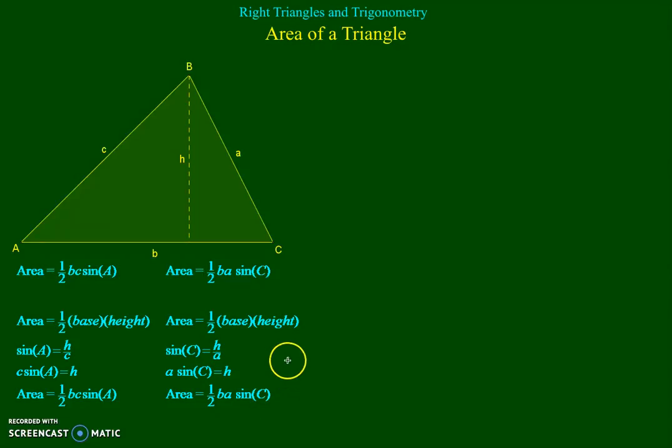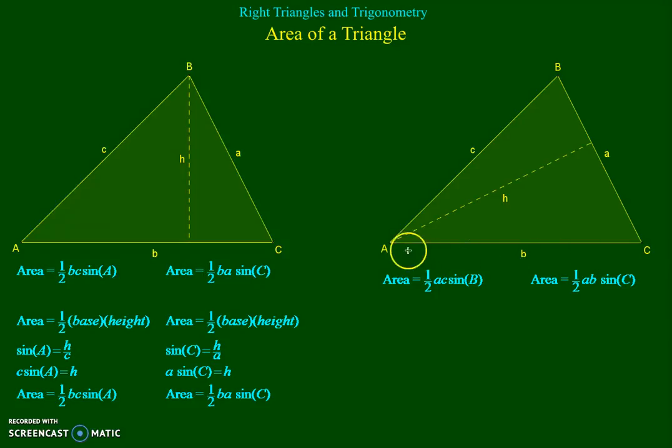The same situation would arise if you were given two different pieces of information. So let's set that situation up. Let's say that we have this situation where you're given this side or this side, and this becomes your height value. In that case, you would either use this angle or this angle.